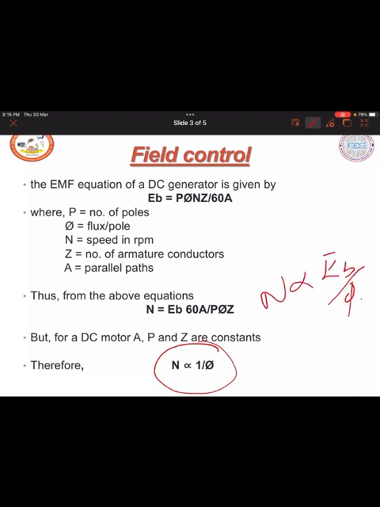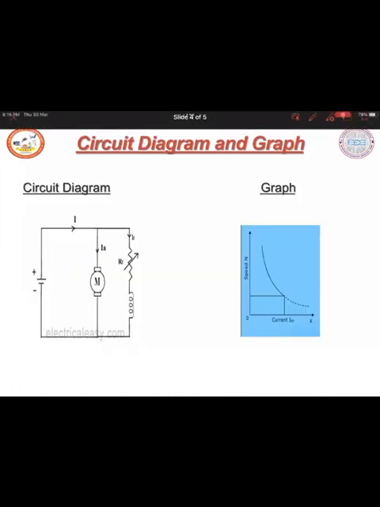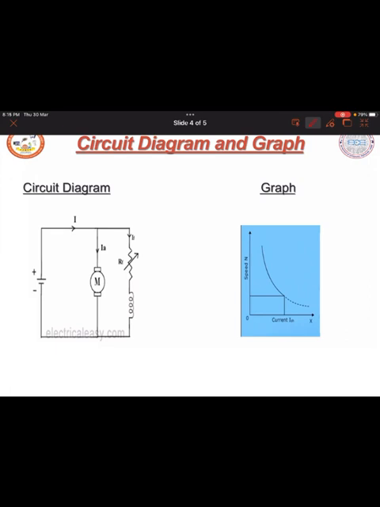Since we are discussing only the flux control method, let us consider only the flux, which is given by 1 by φ. So we know that the speed is inversely proportional to the flux, correct? So here by varying the flux, depending on the current flowing through the field winding, we can control the flux.